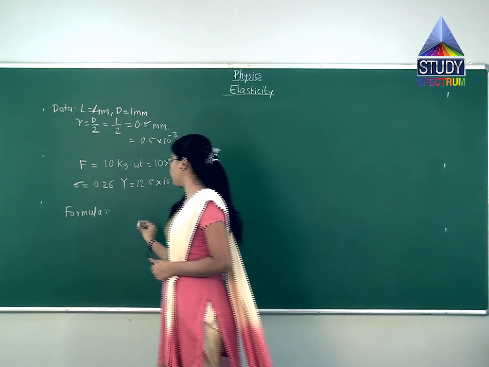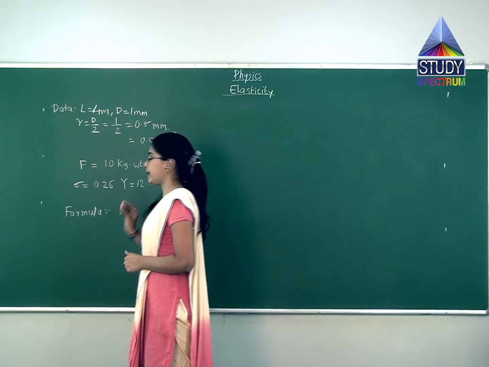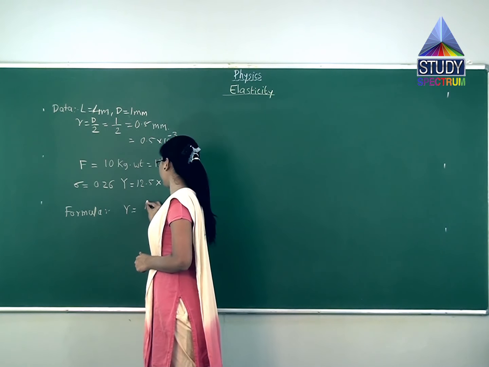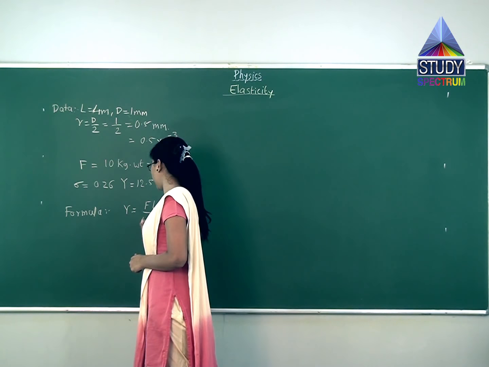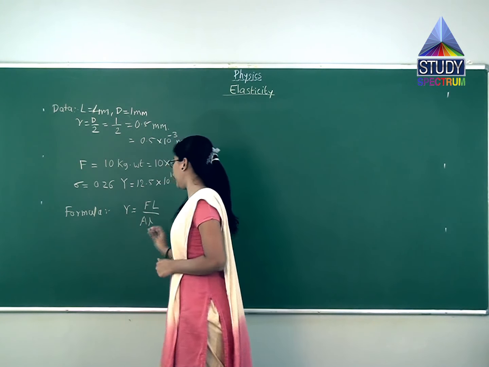Now the formulas we will use here. Formula of Young's modulus, Y is equal to FL upon Al, small l.